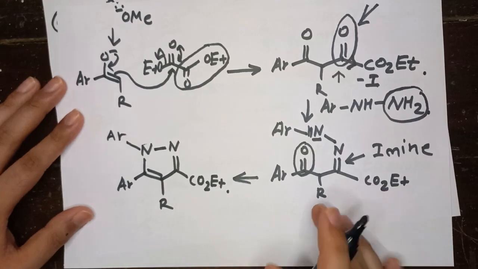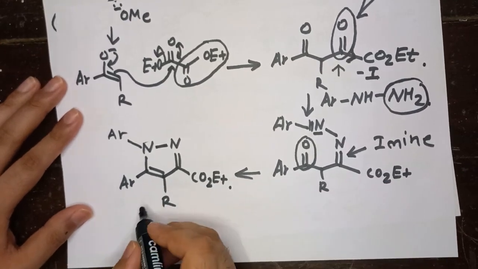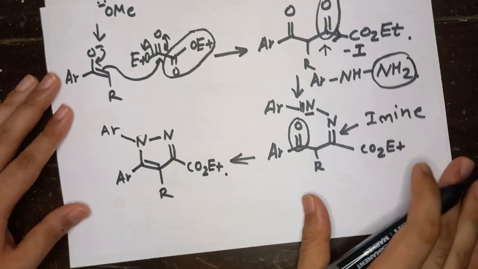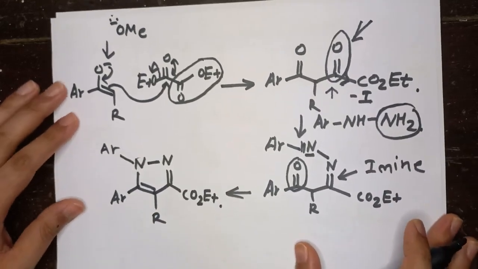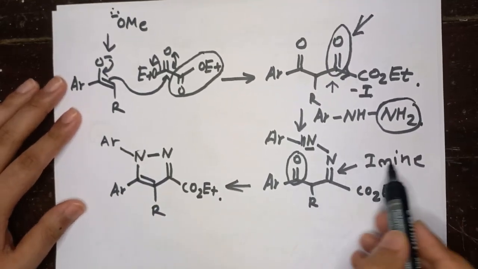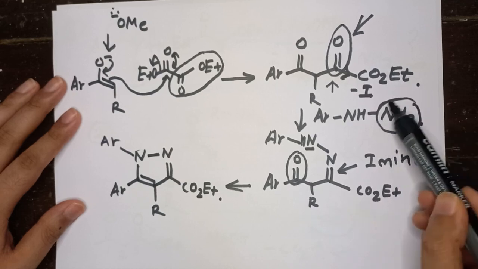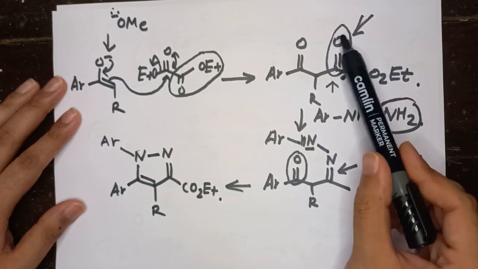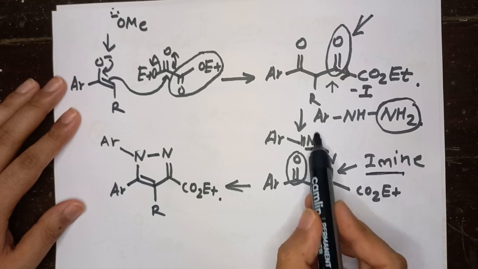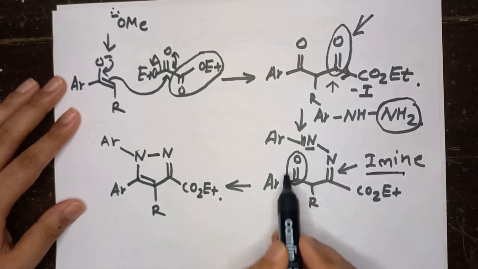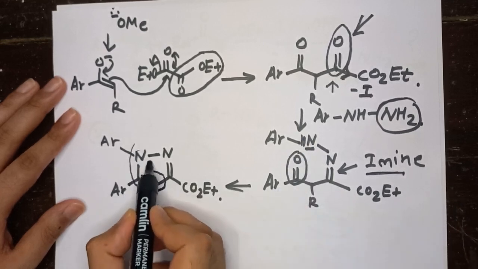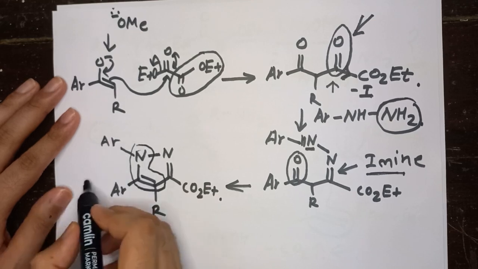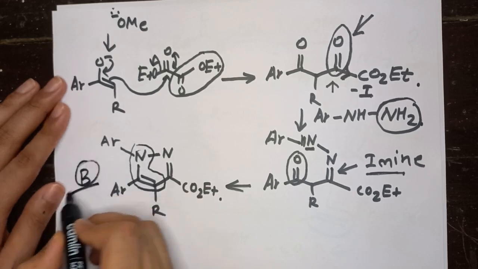Okay, so this is how we have generated the product for the second step. Basically this primary amine reacts with this more reactive carbonyl group to form imine. Now the second amine group reacts with this carbonyl group to form an enamine, and this is the product for the second step.